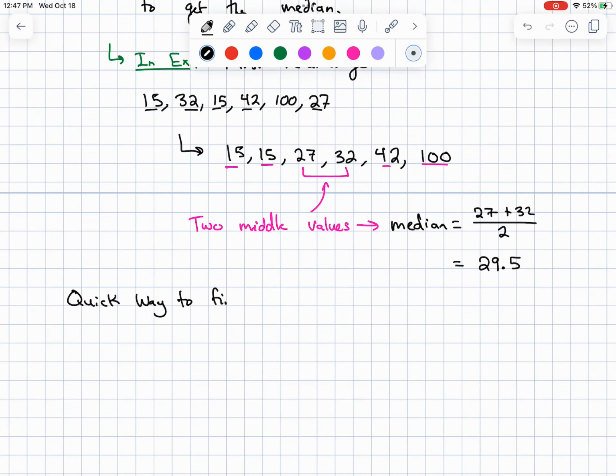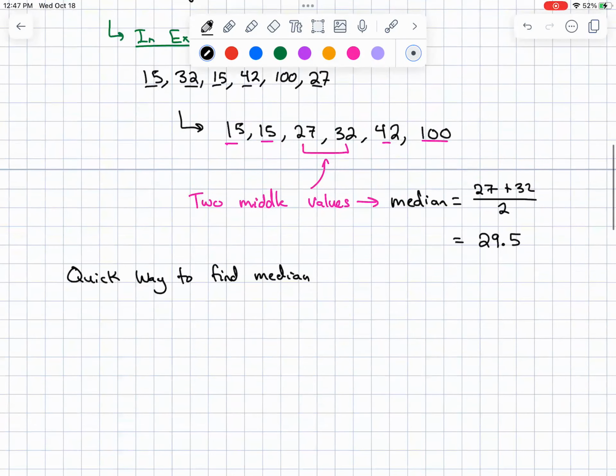To find the median. Now, it's not quick per se at first, but once you learn the little trick. If you have some number of data values, then if you divide that number by 2, you get the halfway point. How do I want to write this?